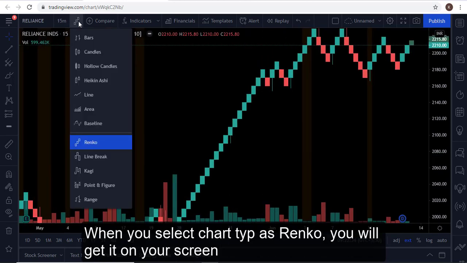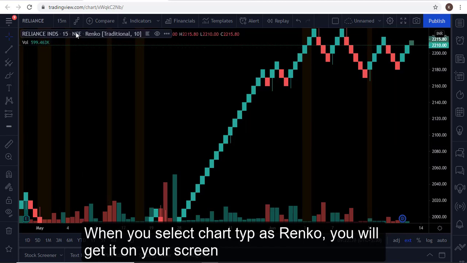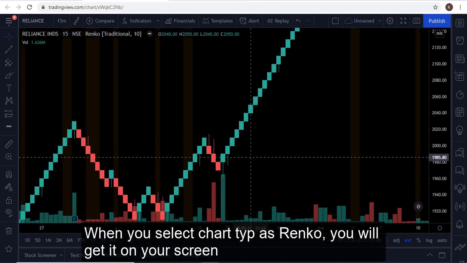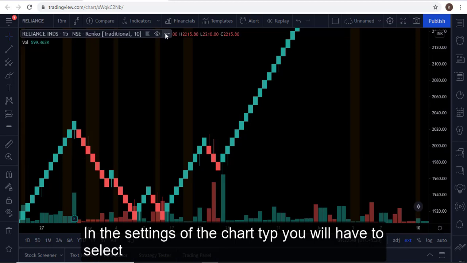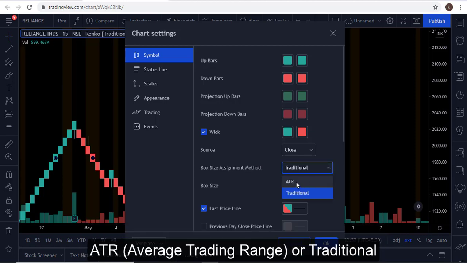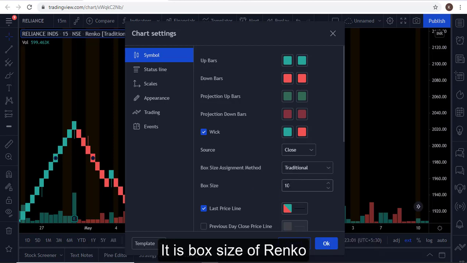When you select the Renko chart type, you will get this on your screen. When you go to the settings of this chart, you will have to select whether you want ATR, that is average trading range, or traditional. This is the box size of Renko.